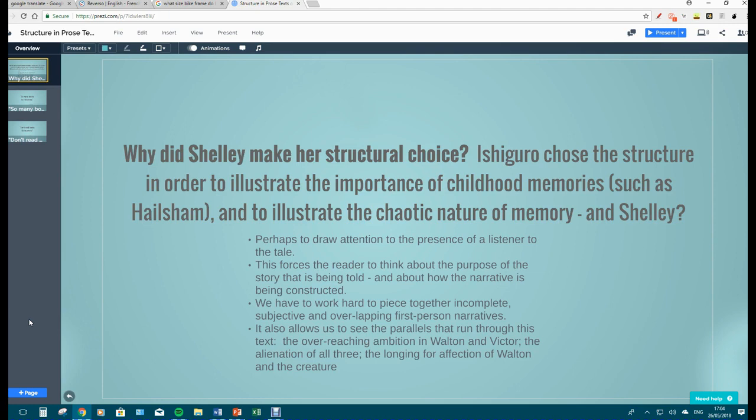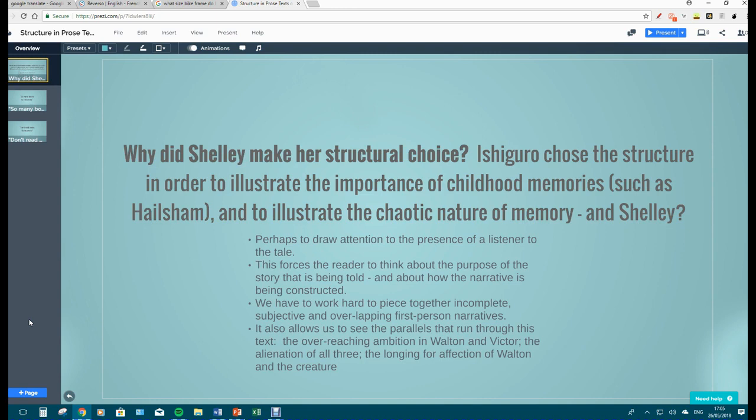If the creature, for example, is talking to Victor, and his primary purpose is to persuade Victor to face up to his responsibilities, then the story will be constructed in a certain way. So it's quite a complicated idea. When Victor is talking to Walton, his story about the creature seems at first to be a warning against the dangers of overreaching ambition.